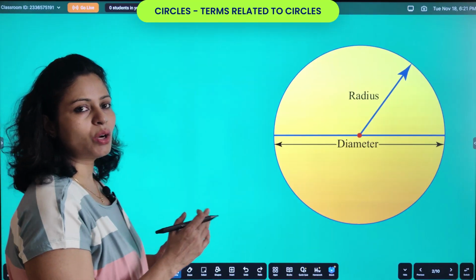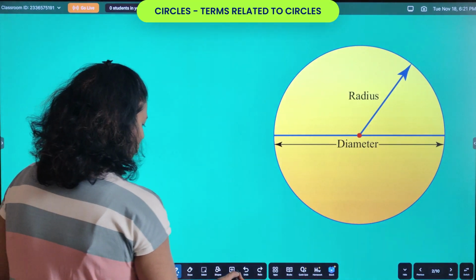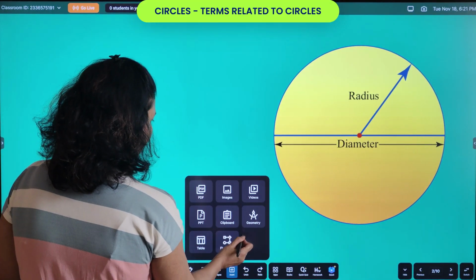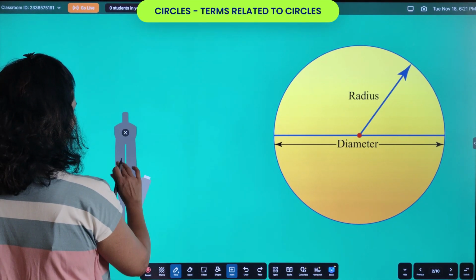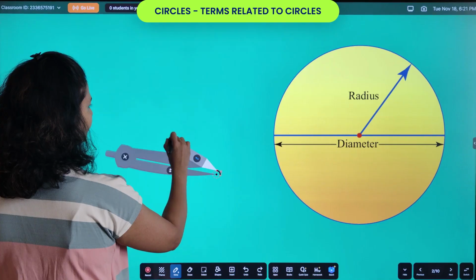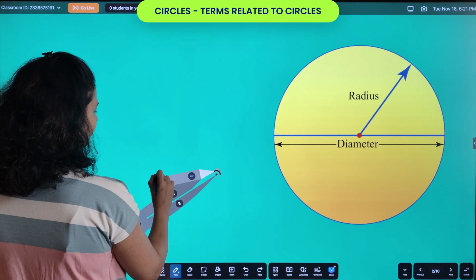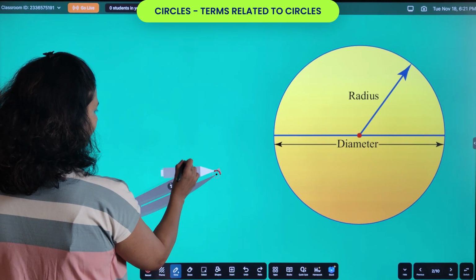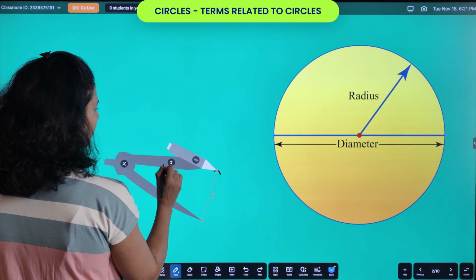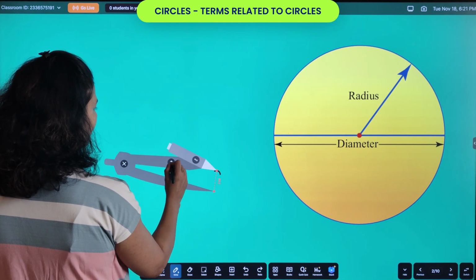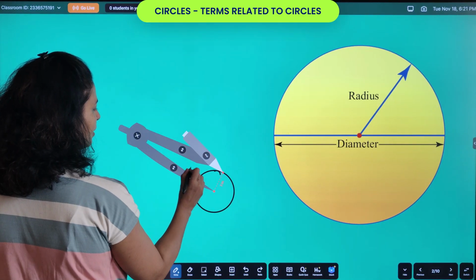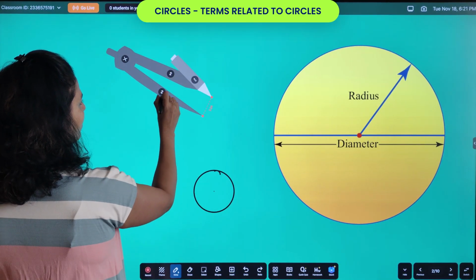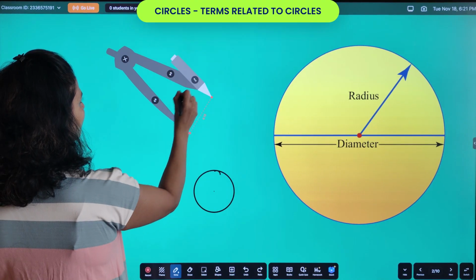I showed you just now how we make a circle, right? I'll show you again how we make it. If I make a little bit bigger circle, you see here I am making a circle, and I can make it a little bigger also.